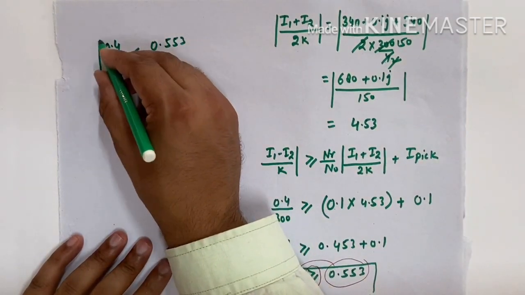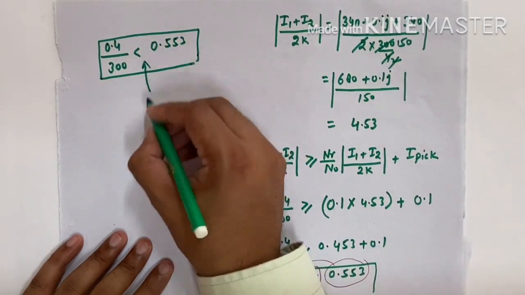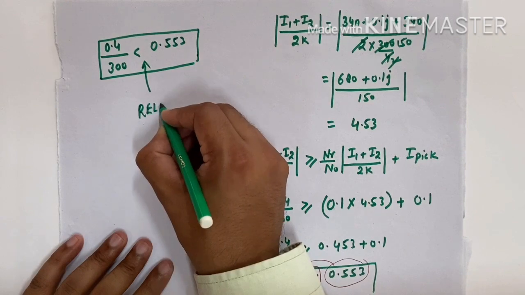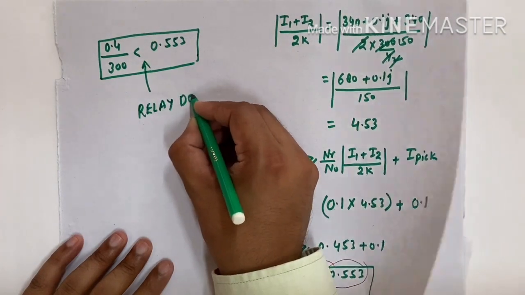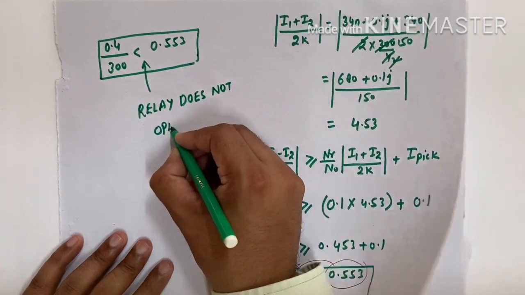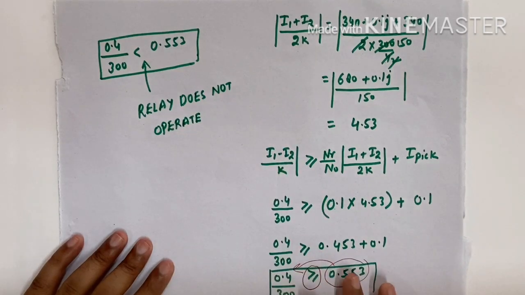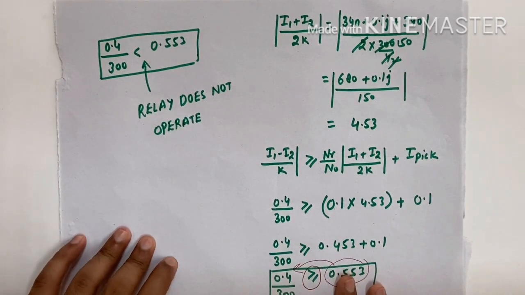This is the satisfied expression of this problem. So this means the relay does not operate. Is this clear to you? The conclusion of the given question is that the relay does not operate.